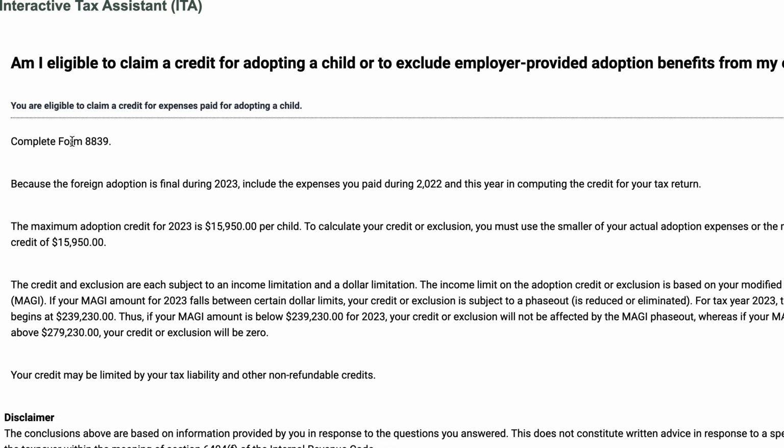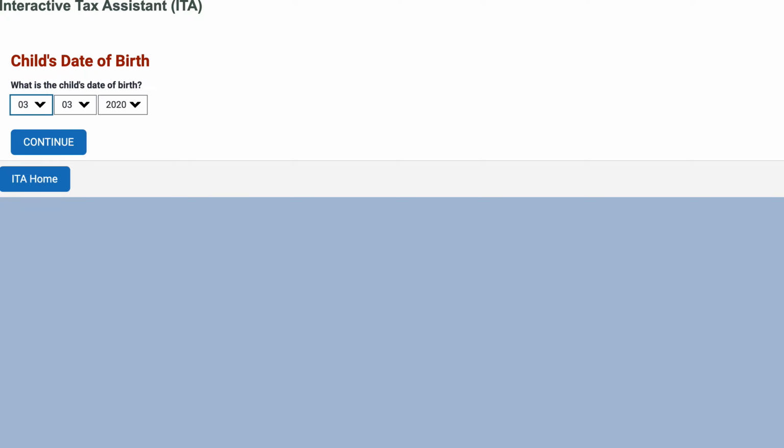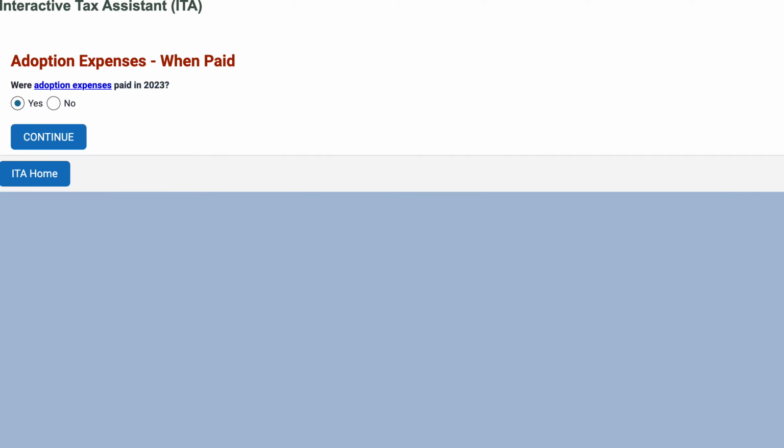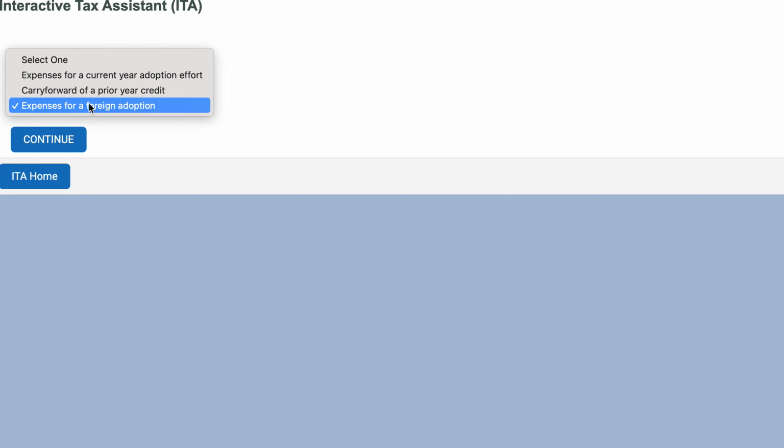So there we go. We went back and cleared the cookie on this and restarted that tax assistant. And basically, we're getting the same information for the foreign adoption as we did for the domestic adoption, right? So if you go back and forth and you get wonky looking answers, you should probably back out of the tool completely and go back through.